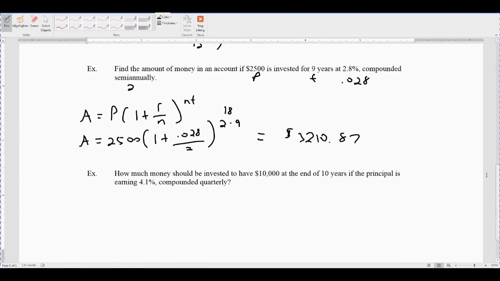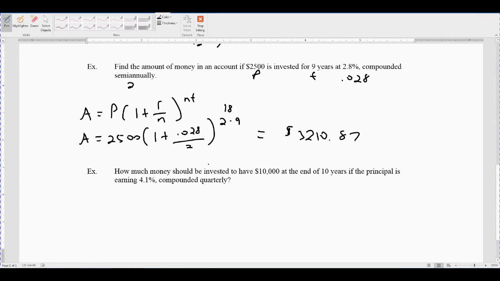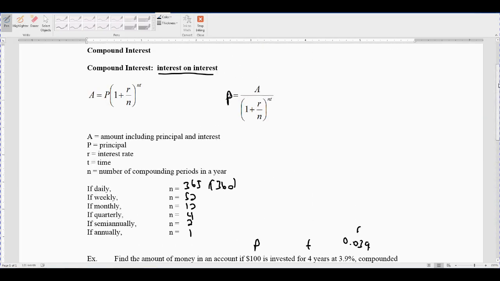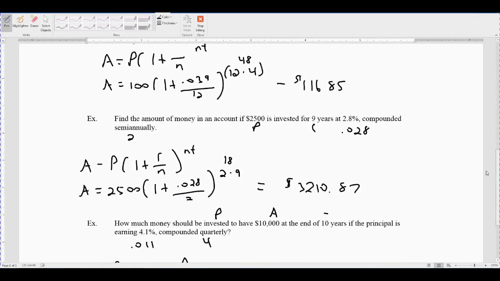Now this last example, you're asked to find how much money should be invested. That's the P. To have 10,000 at the end of 10 years, that's the final amount, and that's your T. The principal is earning 4.1%, which is 0.041, compounded quarterly, which is 4. So we're going to use the other formula that has A divided by 1 plus R over n, to the nt power, and that formula was given to you. A over (1 plus R over n) to the nt power.